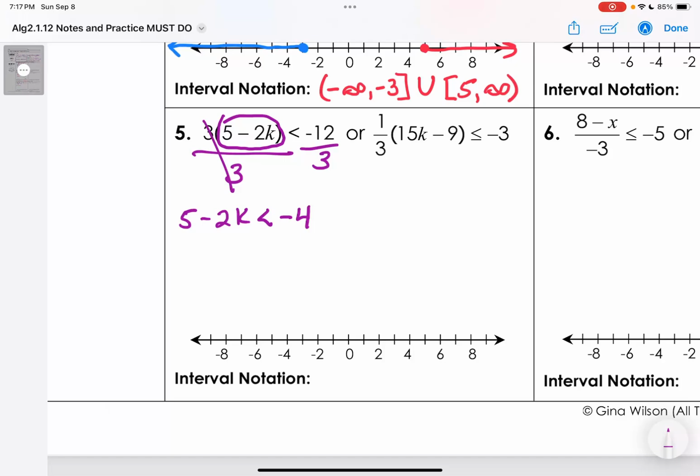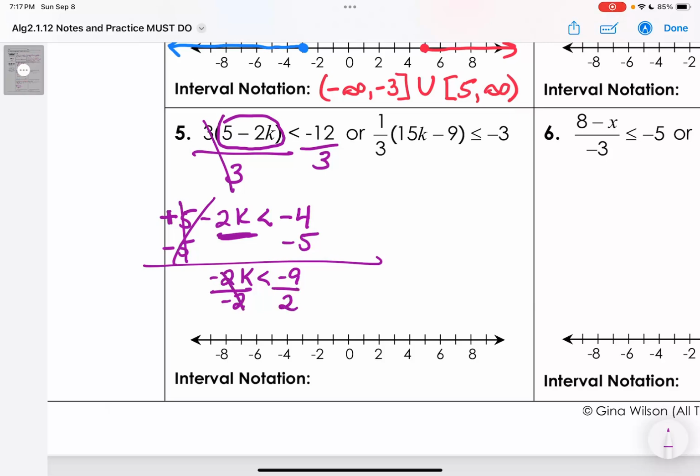Then this looks a little different because I have my 2k over here. I have to get the 5 to the other side and get 2k by itself. So remember 5 is positive, so I need to subtract it from both sides. Then I'm going to divide by negative 2.